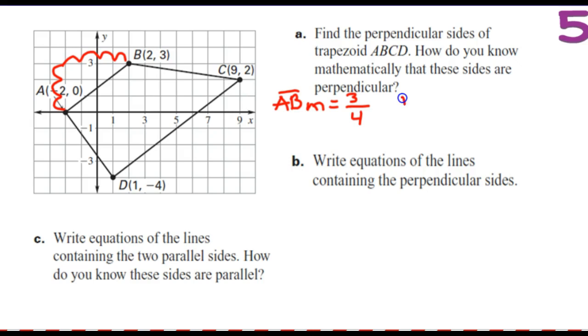So BC. This one's down 1, so a negative 1 over 1, 2, 3, 4, 5, 6, 7.